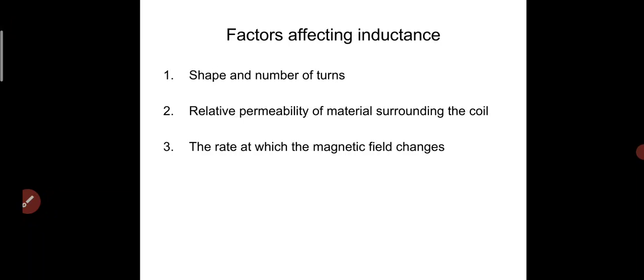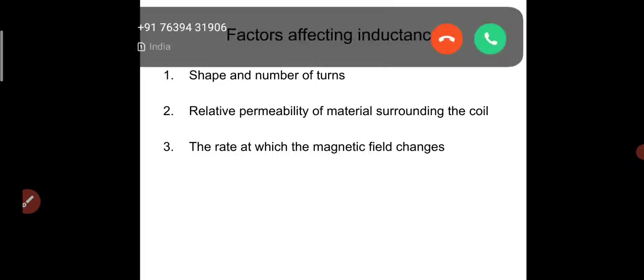So next heading, factors affecting inductance. First one, shape and number of turns. Second point, relative permeability of the material surrounding the coil.